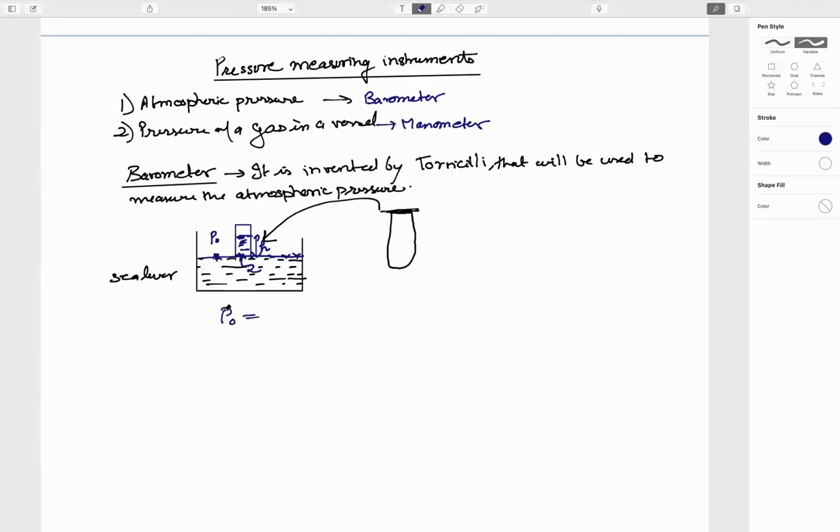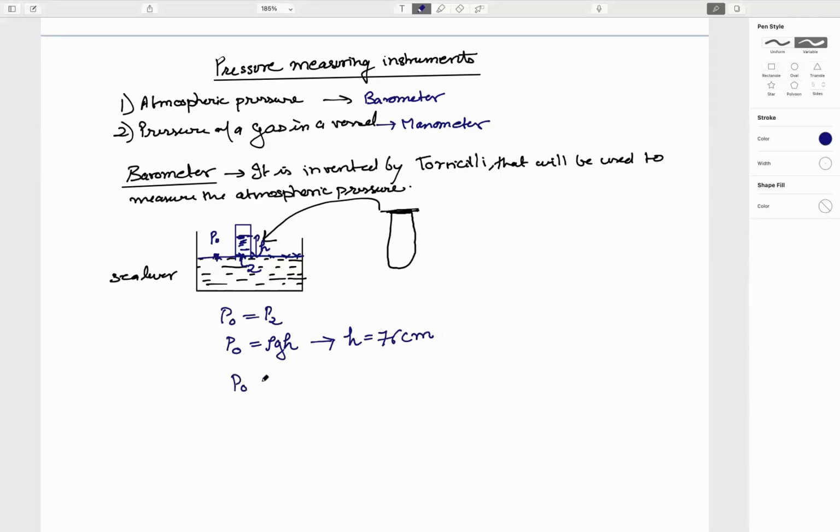So P naught should be equal to P2, which is rho g h of the mercury that has risen. Inside is vacuum, so there is nothing there. He found that the height of mercury at sea level is 76 centimeter.